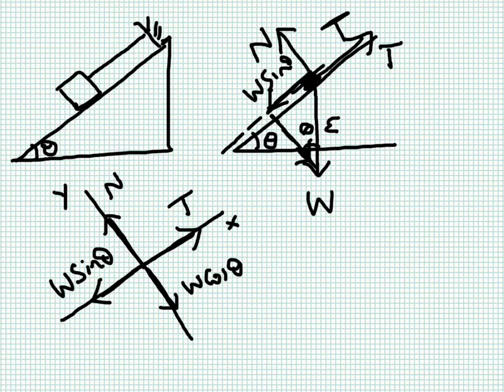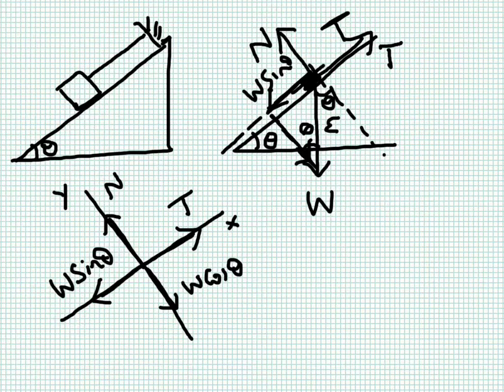One of the reasons it's in terms of theta is that with any inclined plane problem, the ramp angle is usually what's given to us, right? And the ramp angle happens to be the angle that W makes with the y-axis, rather than the angle that it makes with the x-axis. So that's why you have the cosine for y and sine for x.